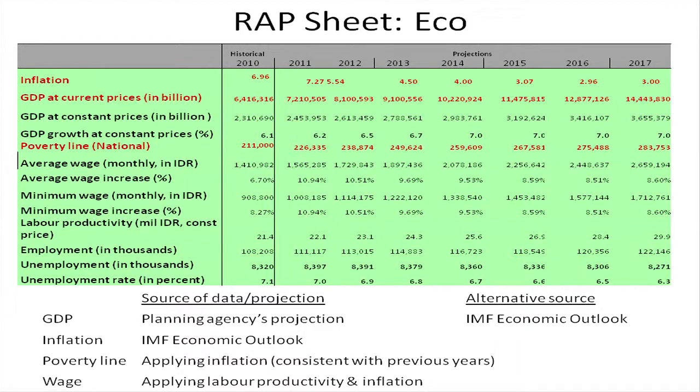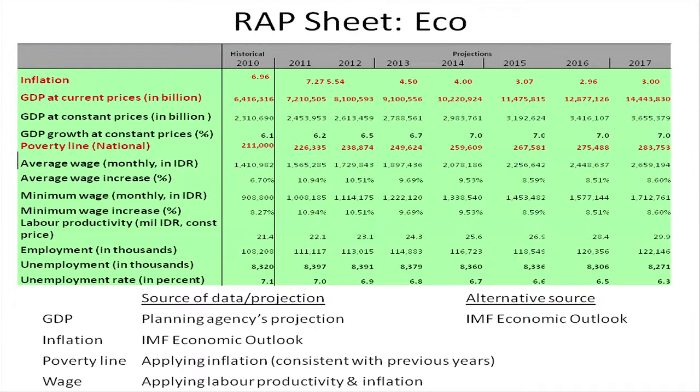We have inflation. We have GDP at current prices, which will be used to see the amount in percent of GDP. We have poverty line, which is here only the national average poverty line, for instance. And we have other items such as average wage and so on, which we will not be using for now, but you may need it for different costing.